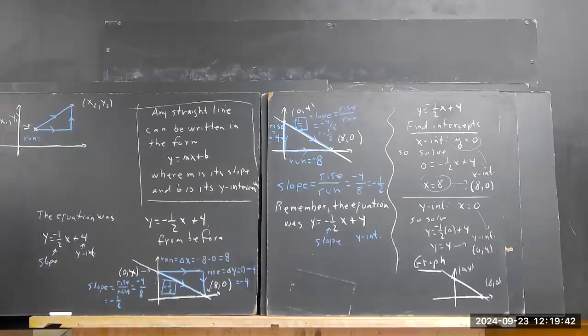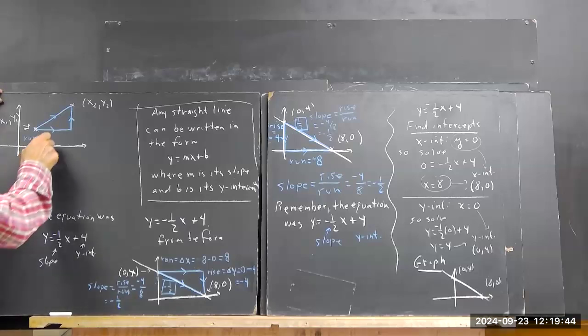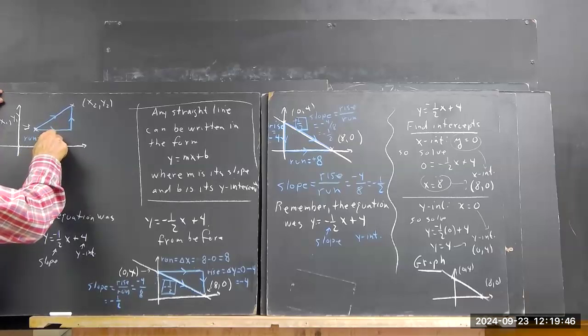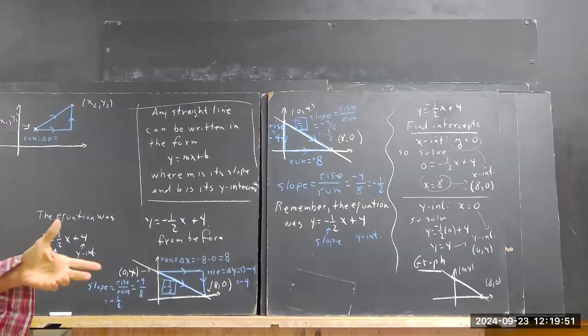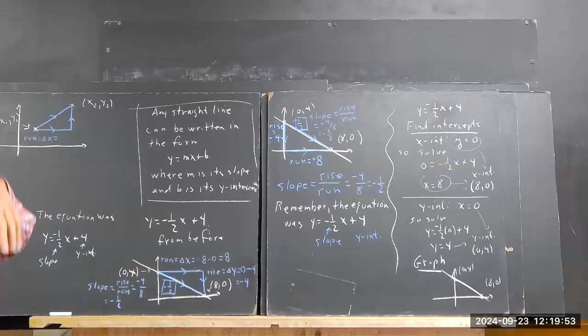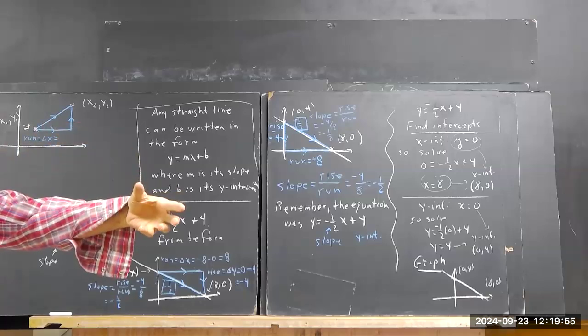What's the run equal? It's the change in x. So what's the change in x? Well, x starts at x1, ends at x2, right?